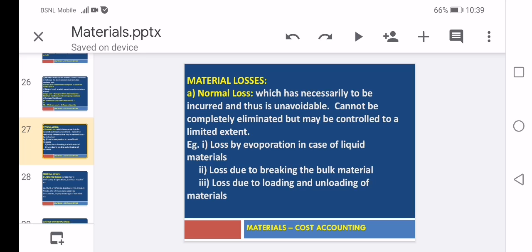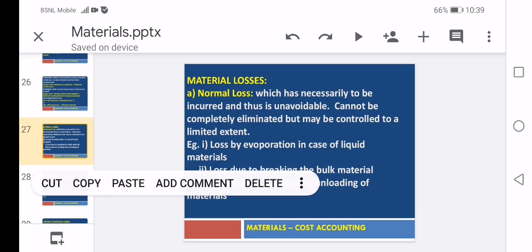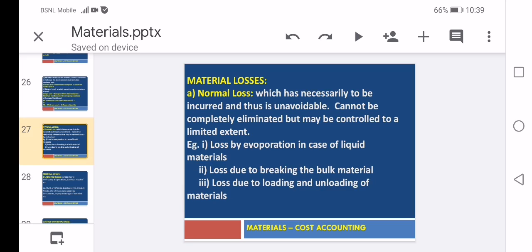In the process of making small pieces you will have some scrap, which cannot be used for any other purpose, so it becomes loss. Third one is loss due to loading and unloading of materials. It is a self-explanatory point, need not discuss much about the loading and unloading process and losses.